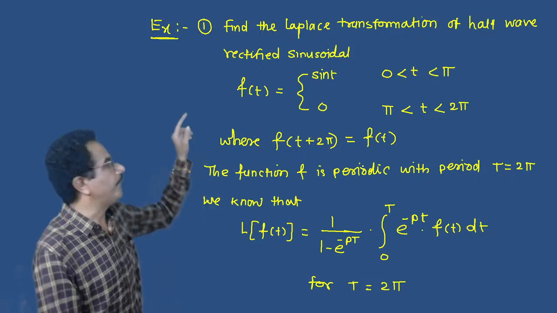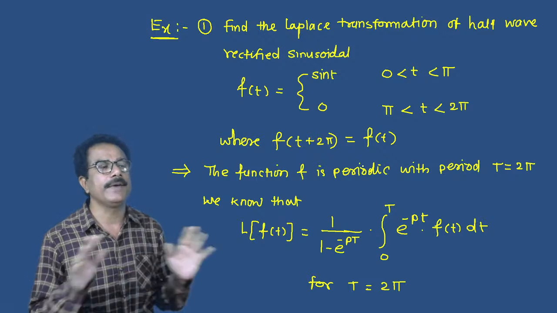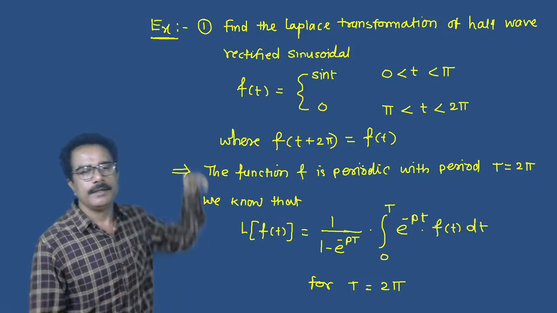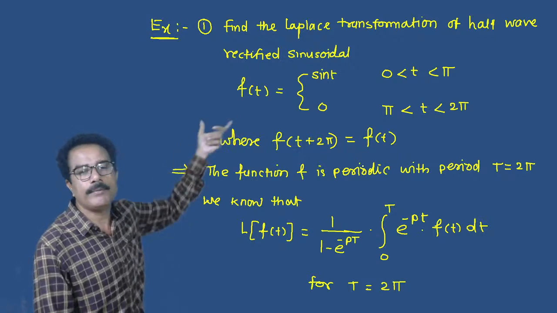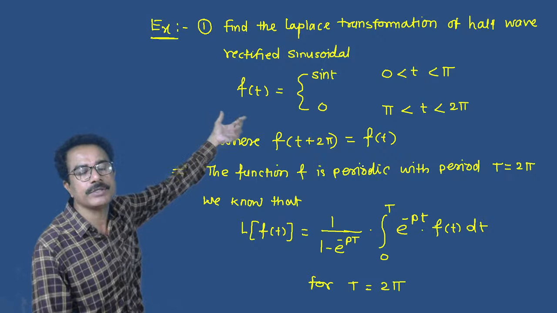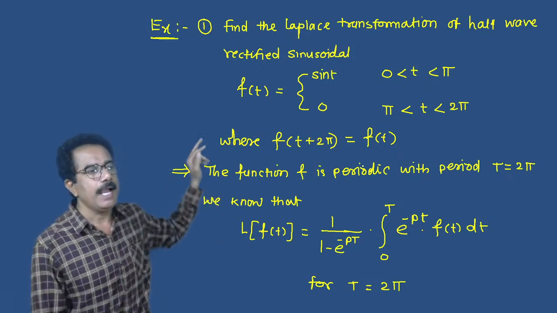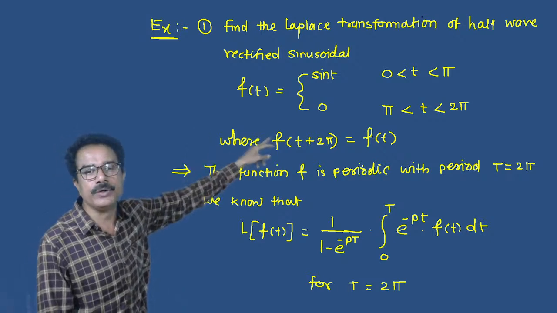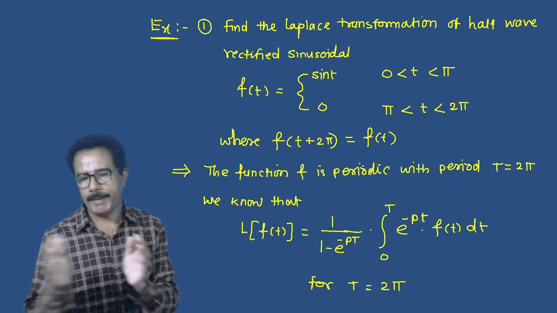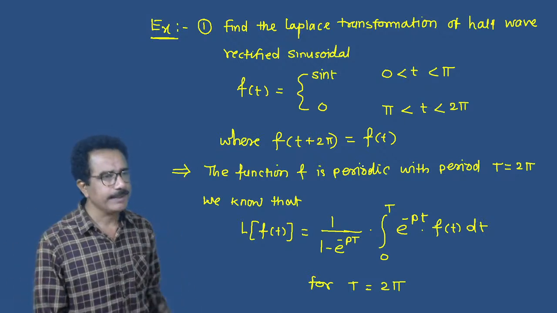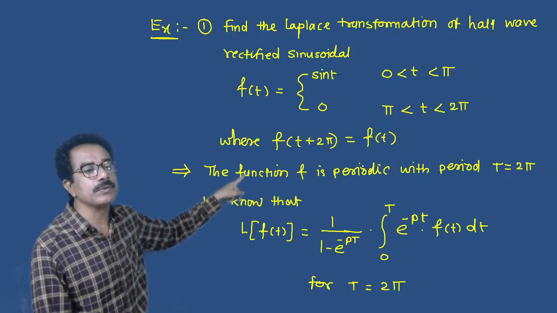Okay, now find the Laplace transform of the half wave rectified sinusoidal function. We are given the function f of t which is equal to sin t in between 0 to pi, and f of t will be 0 in between pi to 2 pi, where f of t plus 2 pi is equal to f of t.